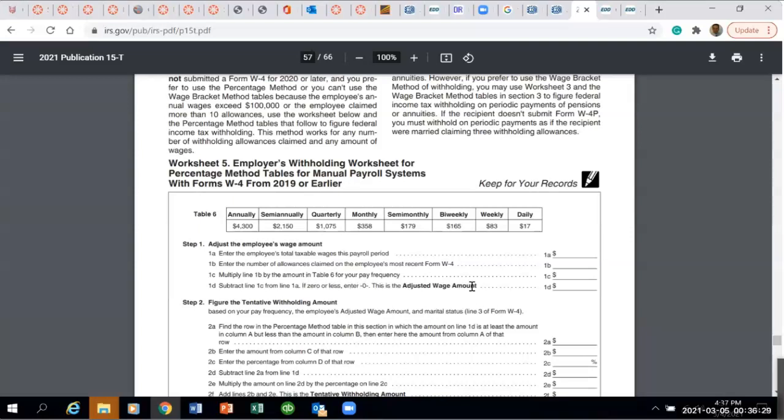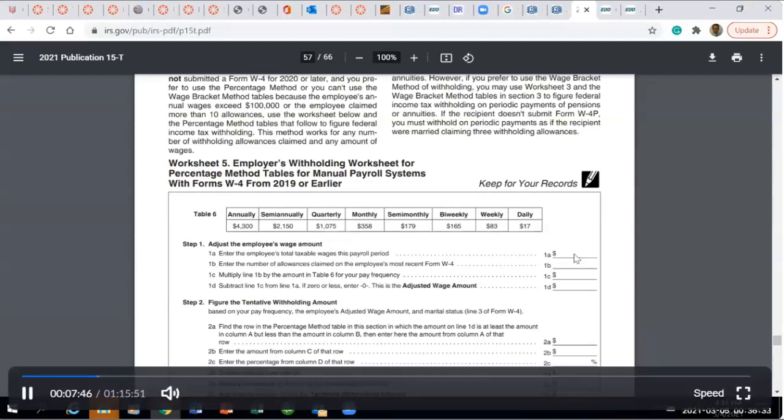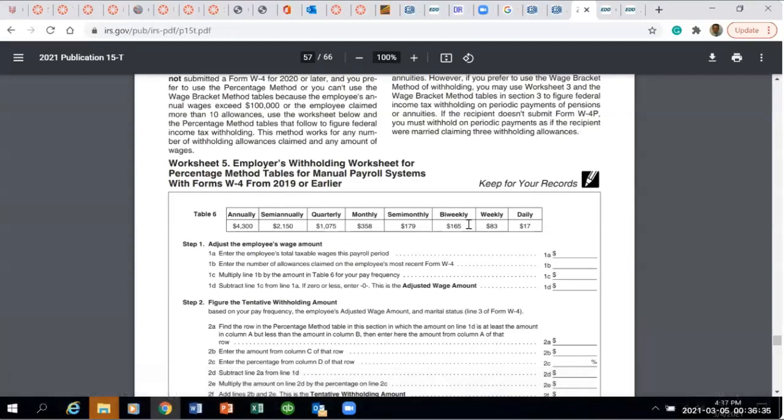This is the adjusted wage amount. So if the multiplication of the number of allowances by one of these numbers is bigger than your total taxable wage, then the amount is 0. You don't have any taxable wage, so there is 0 withholding.